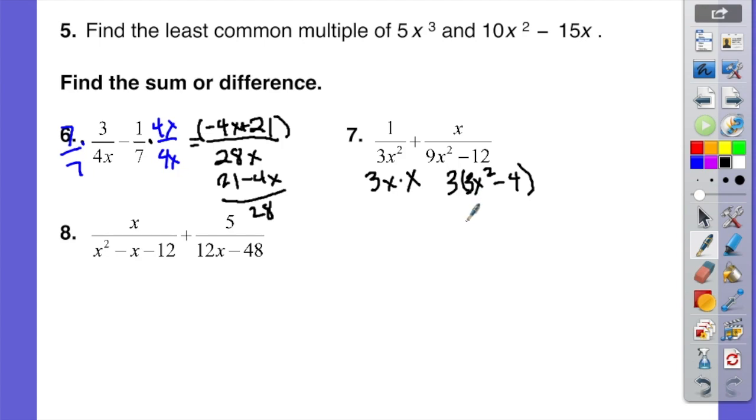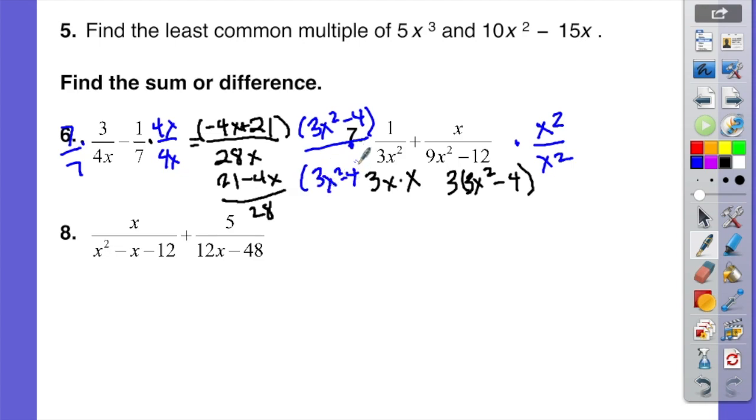Okay. So now we have to look, what is this side? Let's start on this side. Okay, do you see what they have in common? They have a 3, which means, what is this side missing? X squared. Okay, now this side. What is this side missing? Yeah, whole thing, whole puppy. 3x squared minus 4.